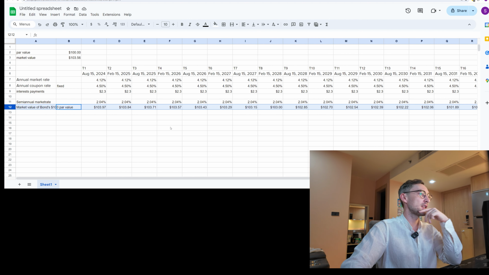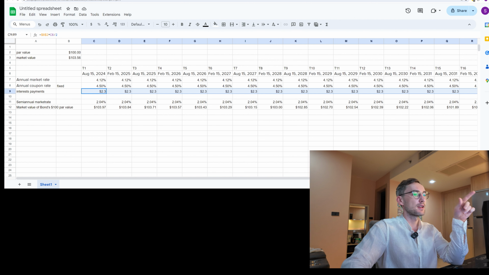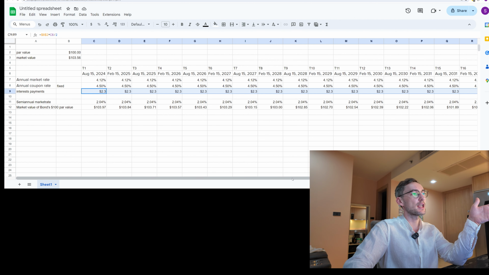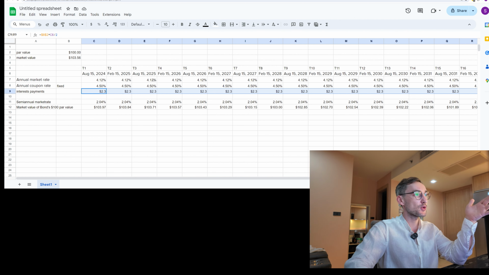But the tricky thing in a bond market is that the cash flows you'll be getting into your account are easy to project, they are fixed. The market price of a bond depends on the market rate at the time you define the market price.